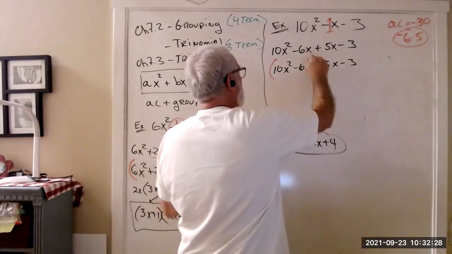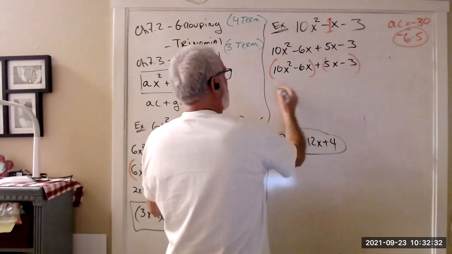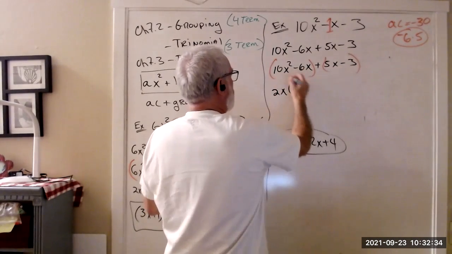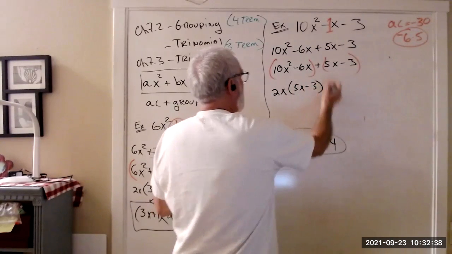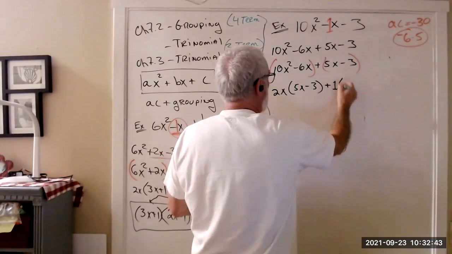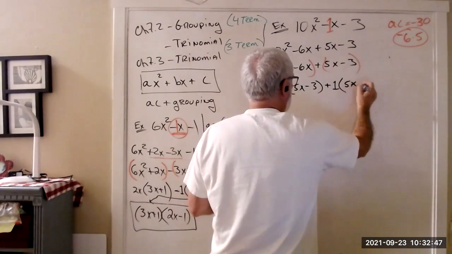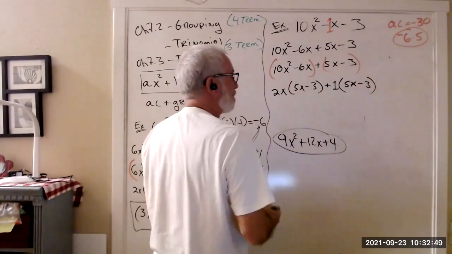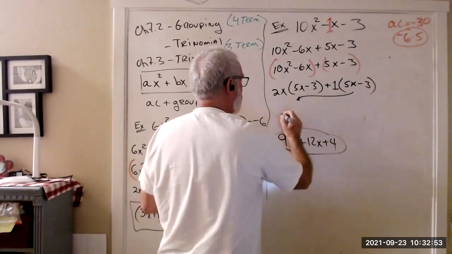Put the old parentheses in. Take a 2x out of this group, leaving 5x minus 3. There's nothing I can take out of this group but the invisible 1. So I'll take a 1 out, leaving 5x minus 3. They have 5x minus 3, so I can take it out front.